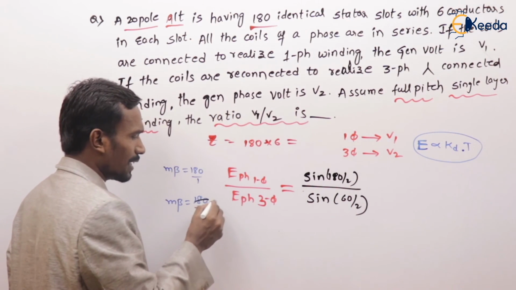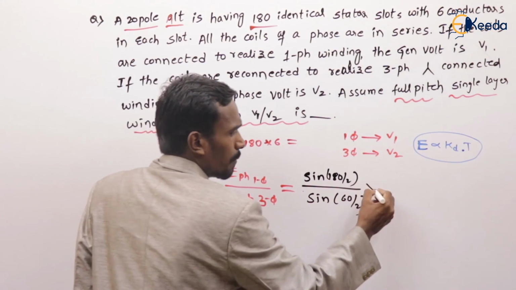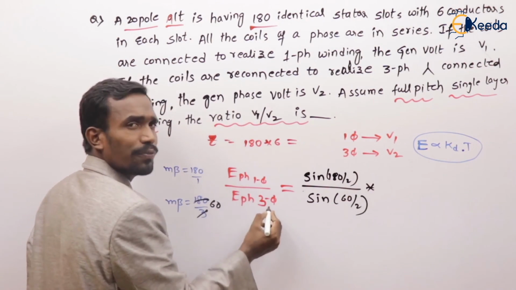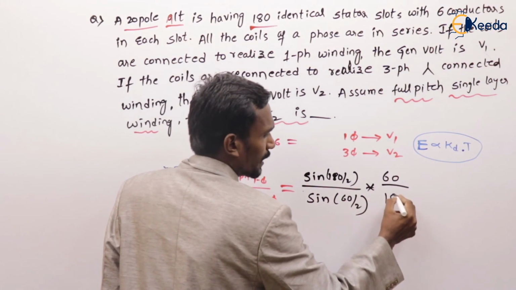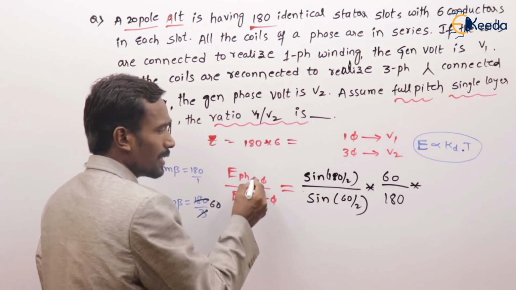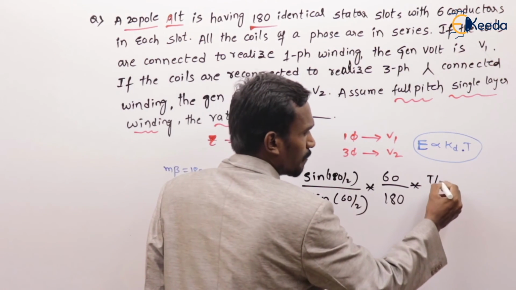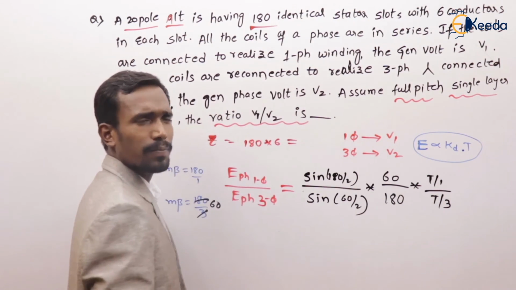For this, m beta is 60 degrees. For this, m beta is 180 degrees. Multiplied by the number of turns per phase, T by 1 and T by 3.